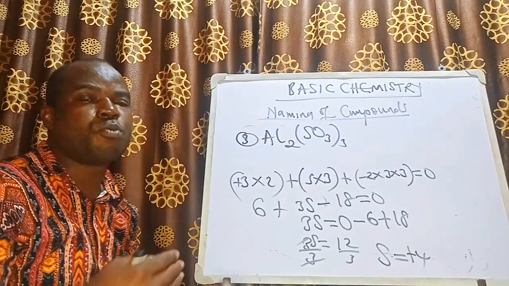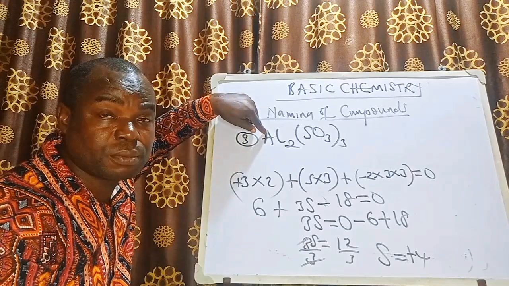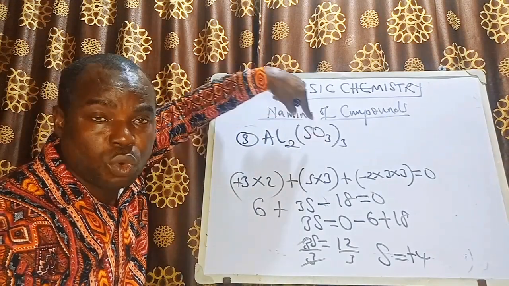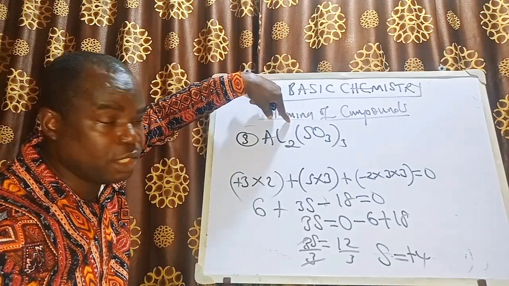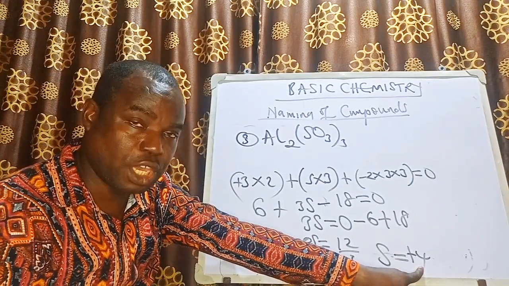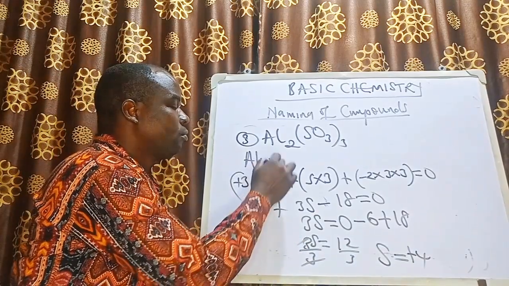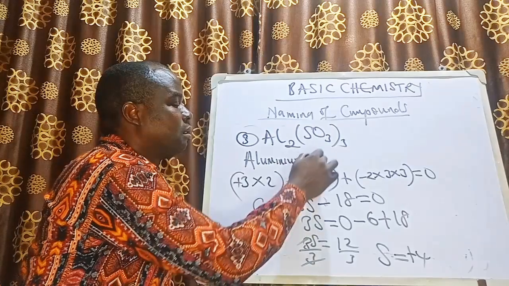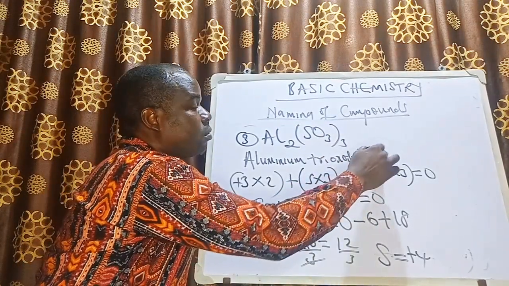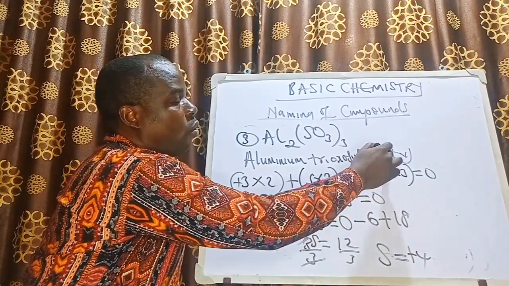Now, what will be the name? The name will now be aluminium trioxosulfate 4. Okay? So, we have aluminium trioxosulfate 4.